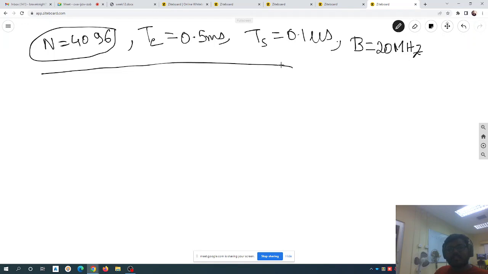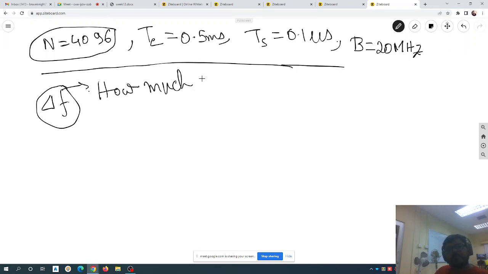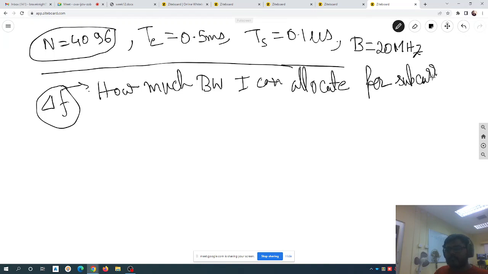This is the information given to me. Now I want to know what is delta F, that is how much bandwidth I can allocate per subcarrier. This is the question. I will expect answers from you. What is delta F?